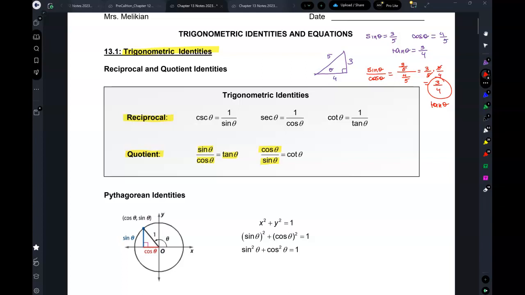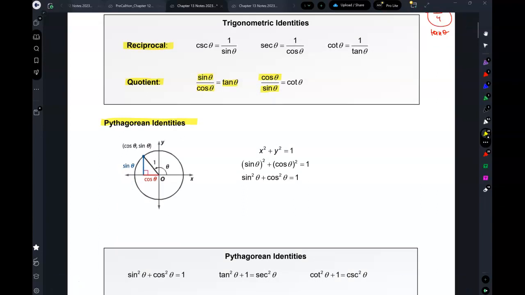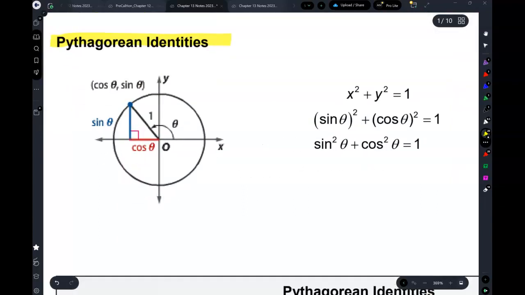Now, let's talk about the VIP of all trigonometric identities. That is the Pythagorean identity. We know the Pythagorean theorem: a squared plus b squared equals c squared. Take a look over here.